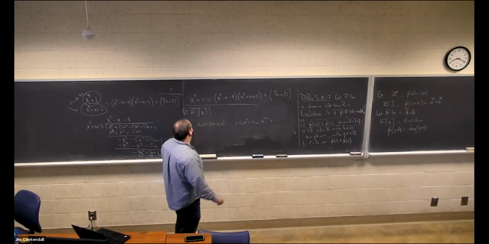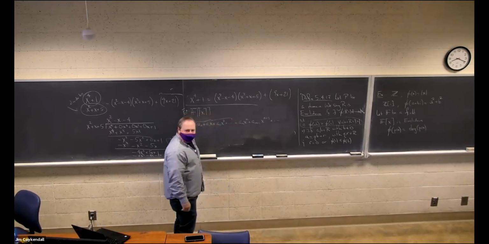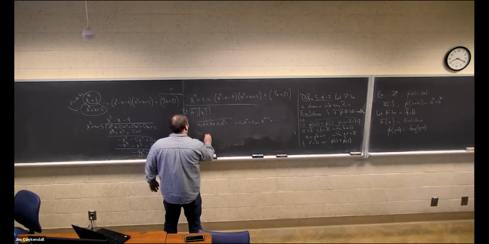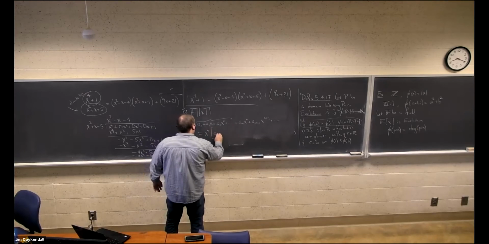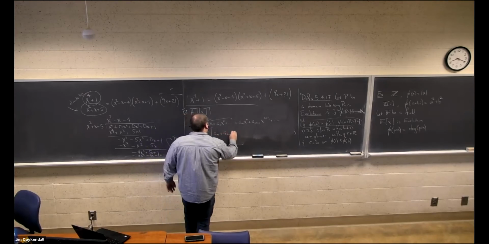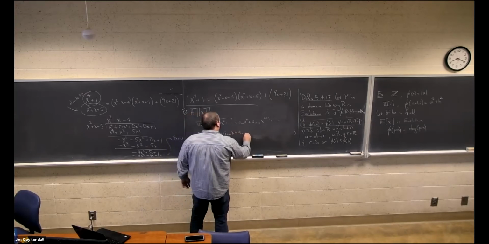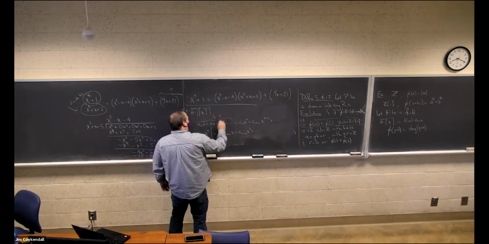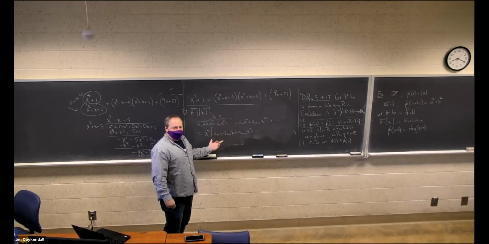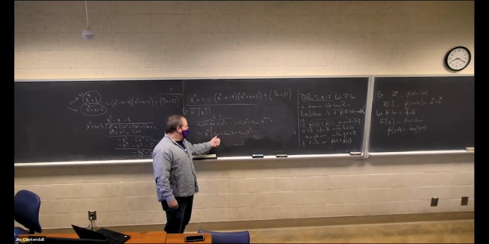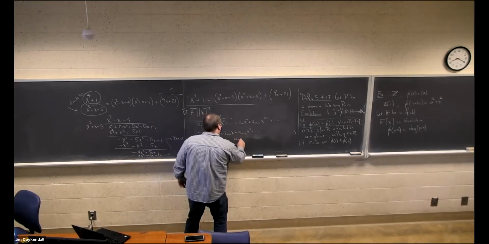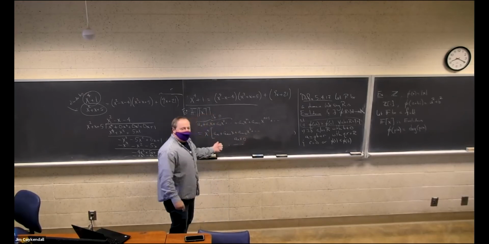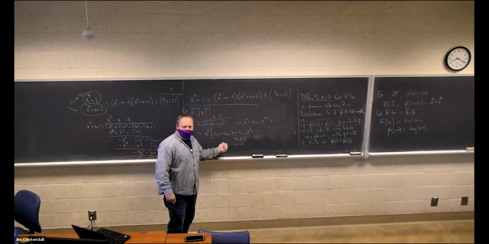Now let me point out that some of these beginning terms might be 0, so I could write it this way. So in general, I can write an arbitrary power series this way: X to some power n times this, where a_n is non-zero. Notice that I can write any non-zero power series in this form.